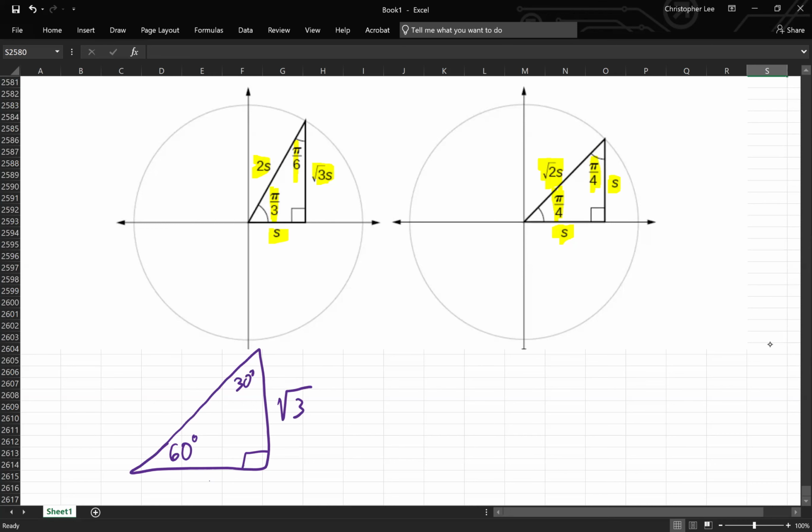Opposite the 30 degree is 1. And then our hypotenuse is 2. This is the special right triangle that we have here. Let me rewrite this one. This is our 45, 45 degree right triangle. Our side lengths are 1, 1, and radical 2. There you go, these are our special right triangles.